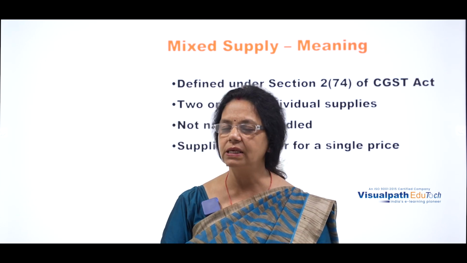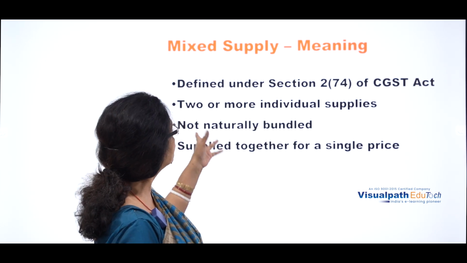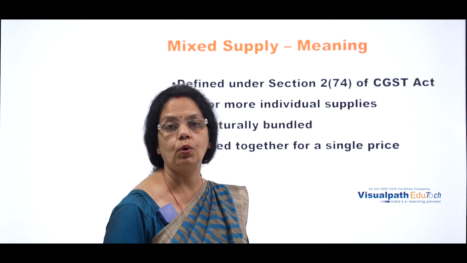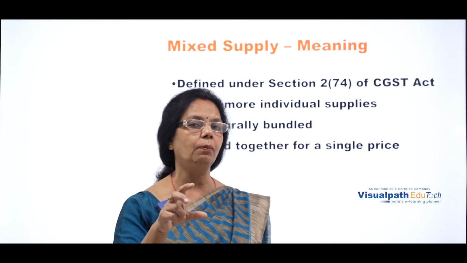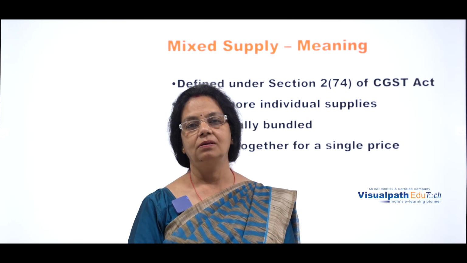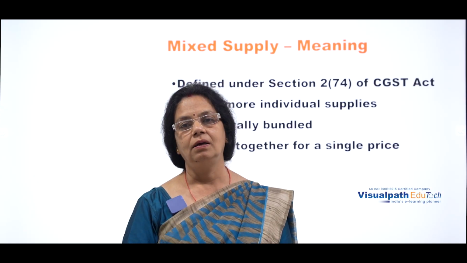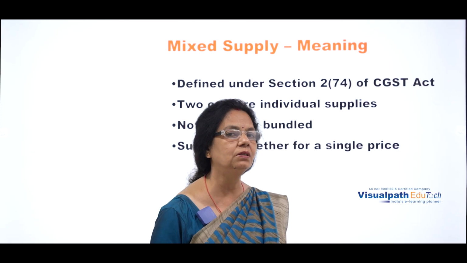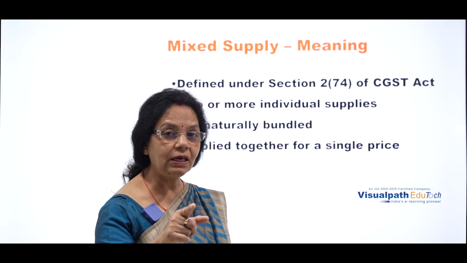Now, mixed goods, as I told you already, mixed supply. It is under Section 2, subsection 74. For composite supply, what do we get? Subsection 30. Remember it. Section 2 only, but the subsection is what now? 74. Yes, correct.